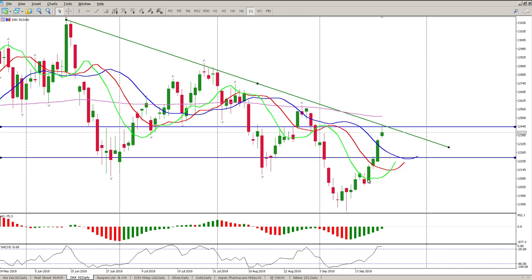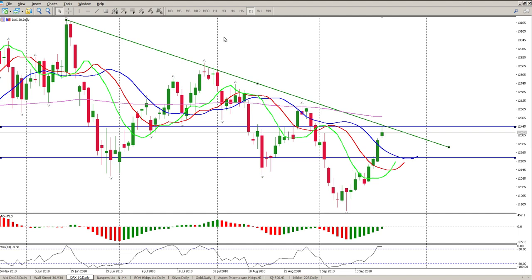Why I'm selecting 12,200 is it's really where our alligator will be. So price will move back and find support on the alligator, or alternatively on this tail over here.